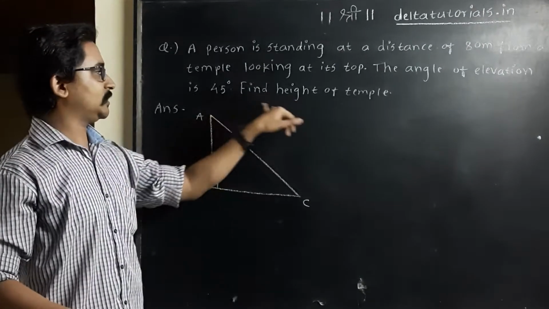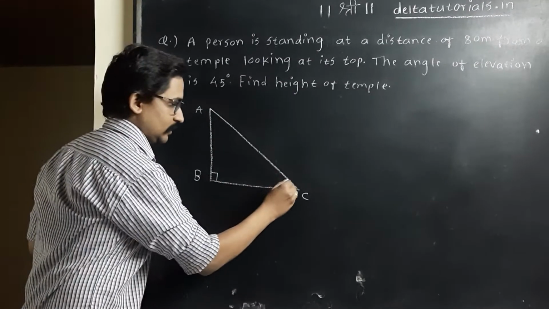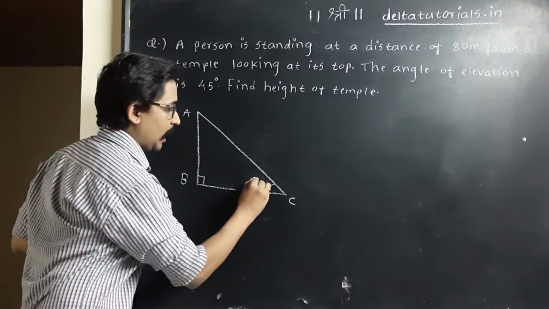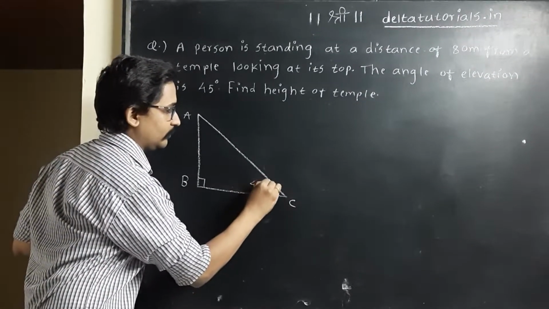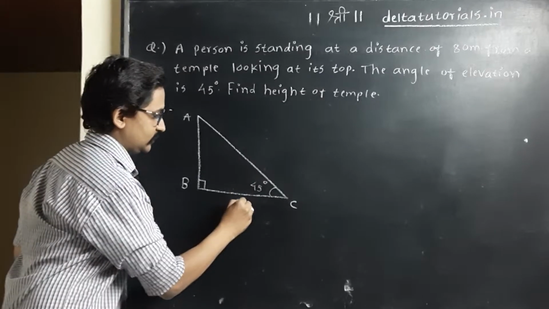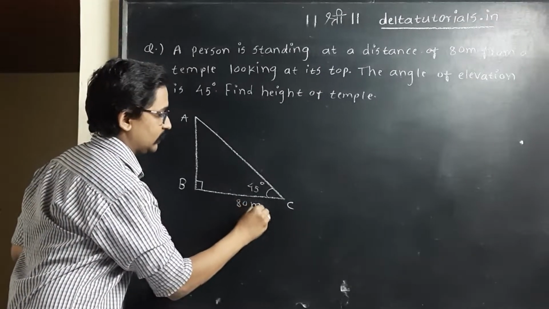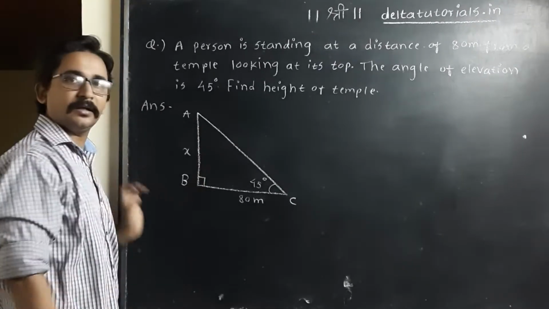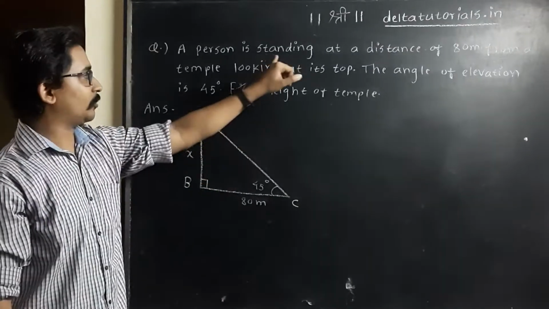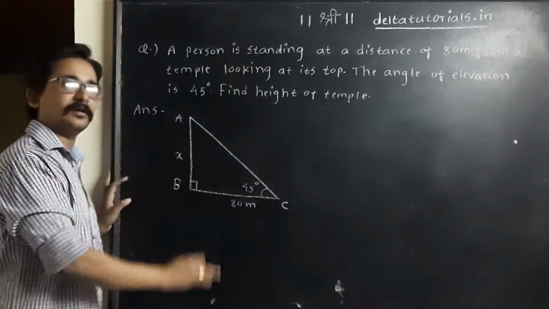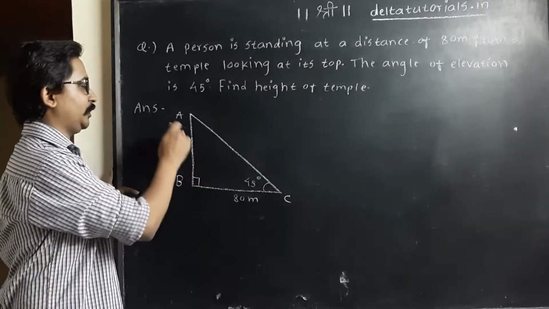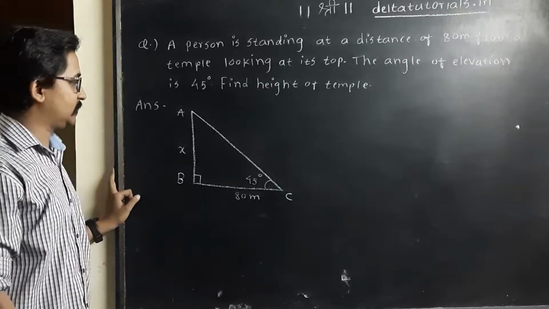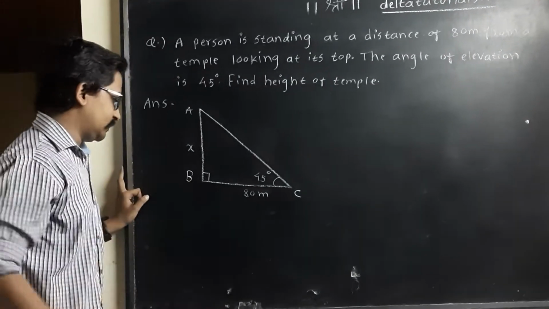That angle of elevation is 45 degree, means that person is looking at the top of the temple by the angle 45 degree, and this distance is 80 meters, and we need to find this height of the temple. So from the problem statement we have designed a diagram over here. Now we are going to find the value of AB by trigonometric concepts. So let's start with this problem.